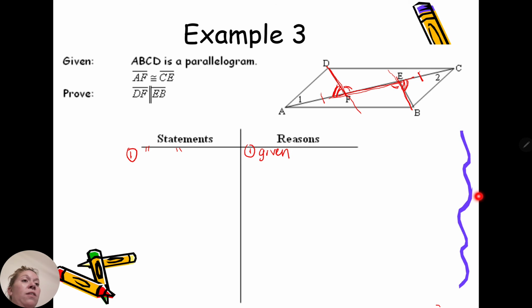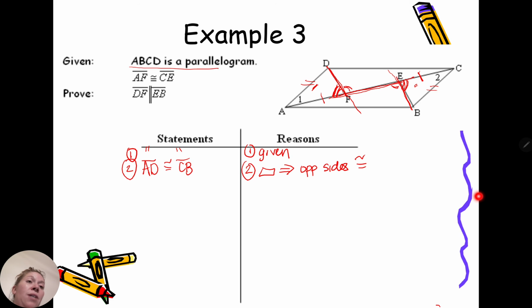We're going to get these two triangles congruent, and we're going to use some CPCTC. So we have one side already. Let's get another side, because this is a parallelogram, so we know opposite sides are congruent. So AD is congruent to CB, because we have a parallelogram, so opposite sides are congruent.